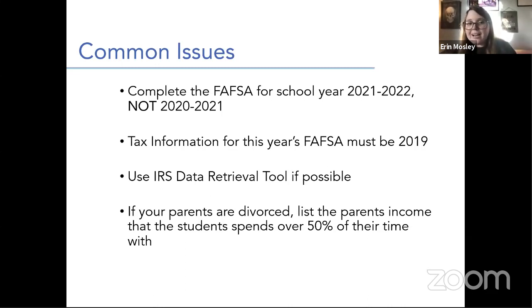Use the IRS data retrieval tool whenever possible. It'll save y'all a little bit of a headache in the future. If parents are divorced, list the parent income that the student spends over 50% of their time with. That is what the government wants you to use.